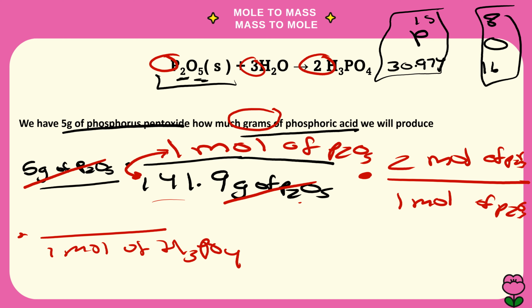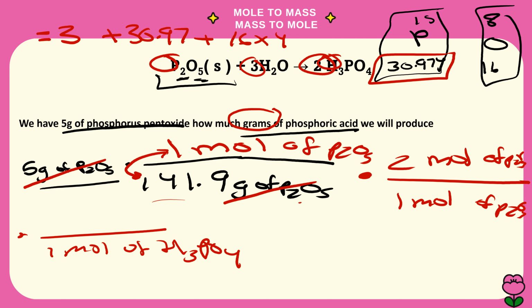And 1 mole of phosphoric acid equals how many grams? Hydrogen is 1 gram, so 3, plus phosphorus, which is 30.97, you can see this here, plus oxygen, which is 16 times 4.